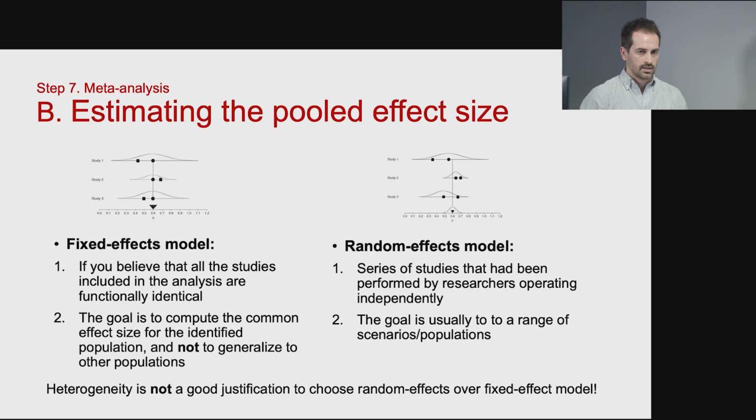So you want to generalize just to the population of Montreal, for example. But if you want to say my effect is the same in all countries, you cannot. You have to use the random effect model. Sometimes people say that high heterogeneity between studies motivates a random effect model, but actually this is not the case. This is an a priori assumption. You think about whether you can assume the random effect model or not and choose.